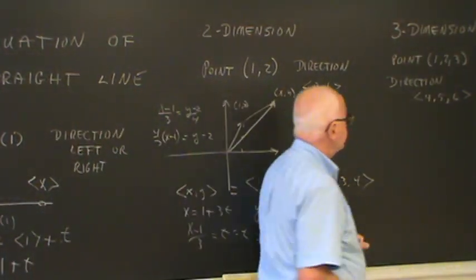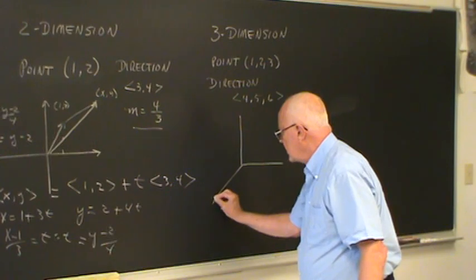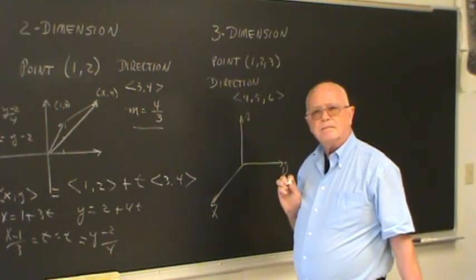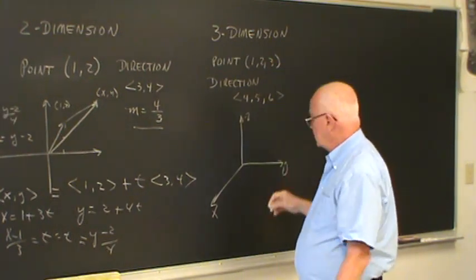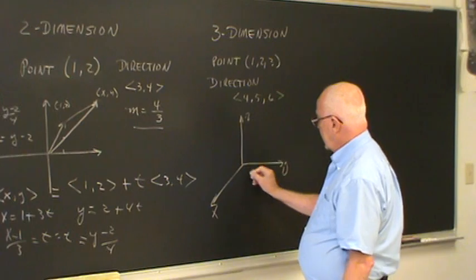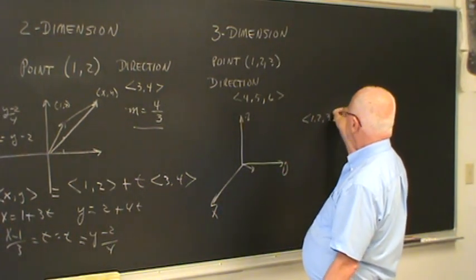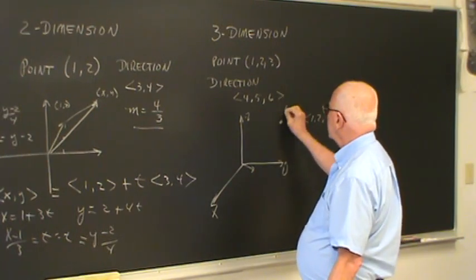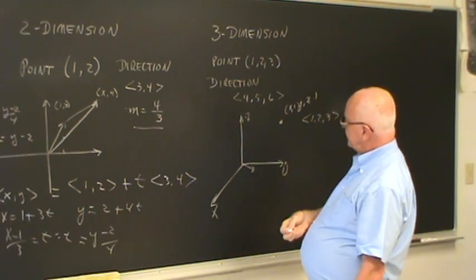Now in three dimensions, we've got a little bit of a problem, and this is where mx plus b falls down. So we have a point at 1, 2, 3, somewhere out here, and here is my vector going to the point 1, 2, 3. And then we're going to go out in the direction 4, 5, 6, so we'll be somewhere out here, and we're going to be at a point x, y, z.